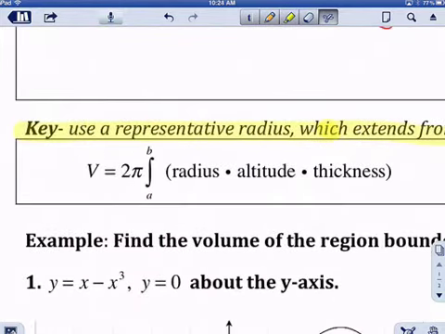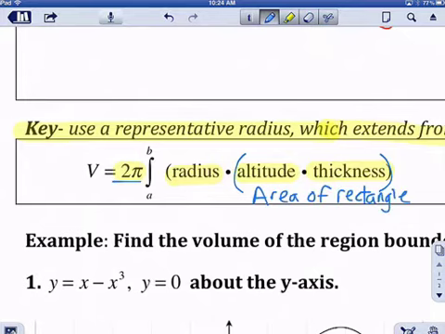So the volume is going to be 2 pi times the definite integral from a to b of the radius times the altitude times the thickness. So here you can see the 2 pi r, which would give us circumference. The altitude is just the height of that rectangle times the thickness of the rectangle. And notice this right here is going to give you the area of the rectangle.